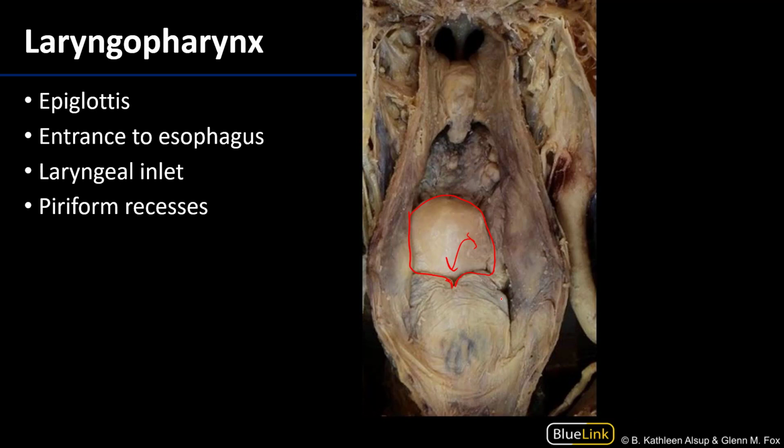The cricoid cartilage is about here, and this is invested in mucosa, so the arytenoids are approximately there. And then just lateral to the larynx, there and there, are the piriform recesses. So below the cricoid cartilage, we have the esophagus.